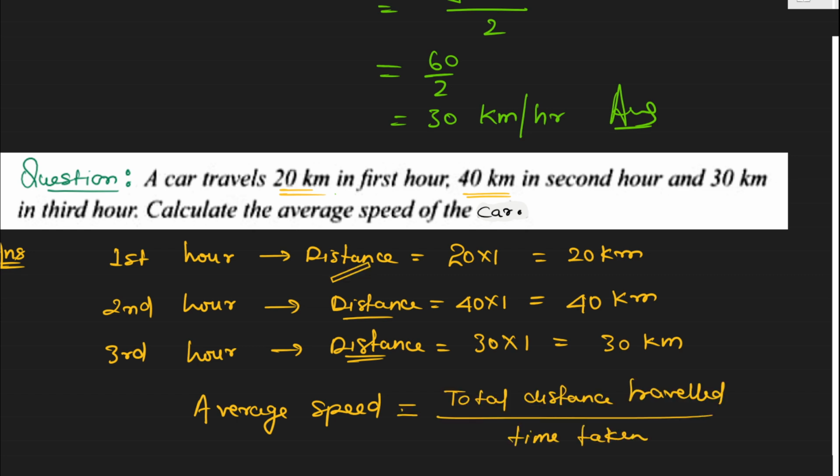So average speed equals total distance upon time taken.